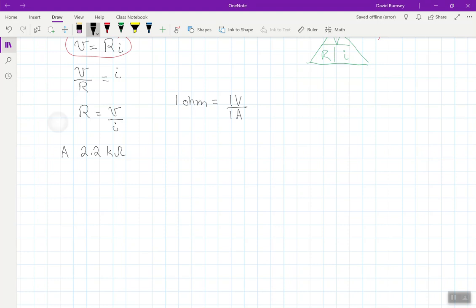So we have a 2.2 k ohm resistor that has 5 volts across it. What is the current going through it?